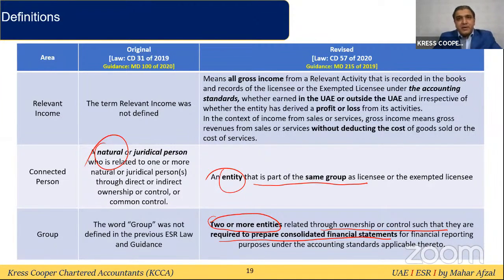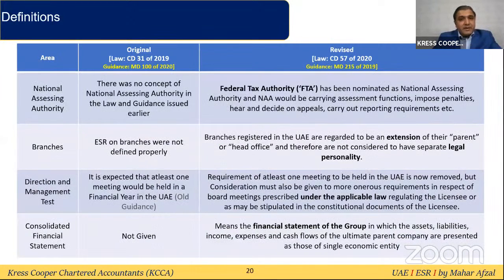This has been defined properly in the revised ESR law and guidance. National Assessing Authority, as we discussed, has been introduced. It will be acting between the regulatory authority and the competent authority, which is the Ministry of Finance.